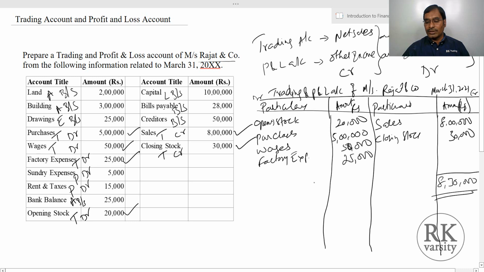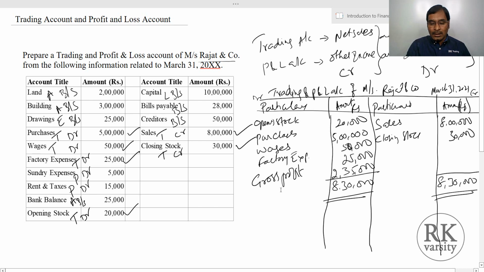We close this and transfer the value here, 8 lakhs 30,000, and we calculate the difference, that is your gross profit. So 2 lakhs 35,000 is our gross profit.